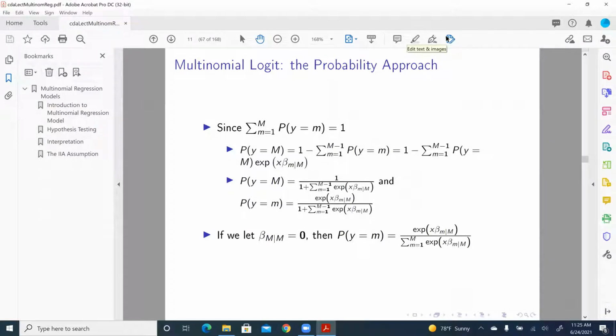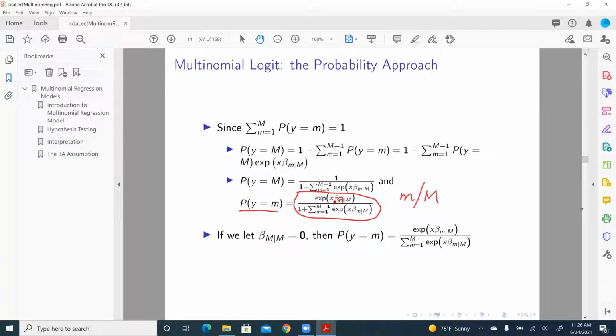Well, the probability of y equal to m, as shown in one of our previous slides, is equal to this ratio: in the numerator is the natural exponential function of x beta, lowercase m, for the odds comparison of lowercase m over capital letter M. In the denominator is 1 plus the summation of a series of natural exponential functions.